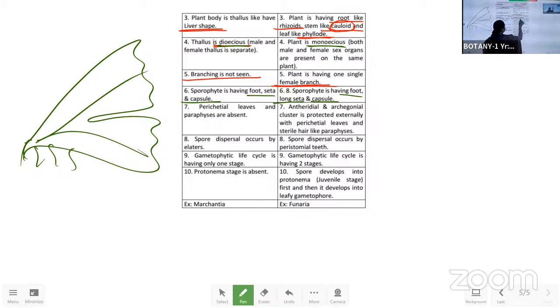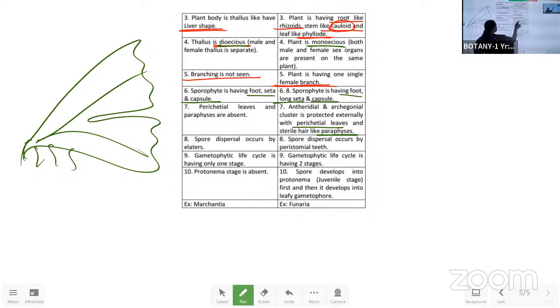The antheridial and the archegonial cluster, that is the male reproductive part and the female reproductive part respectively. Those are protected externally with the perichaetial leaves and paraphysis. Sterile hair-like structures are called paraphysis. Both are absent in the Hepaticopsida, that is in the liverworts. Perichaetial leaves and paraphysis are absent. We can write like that.